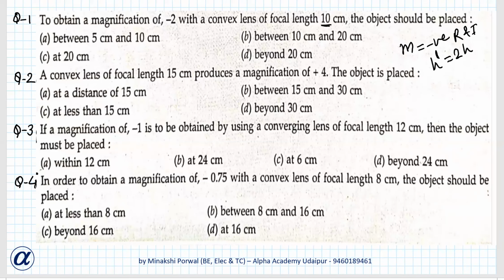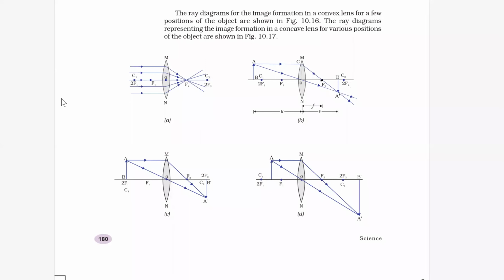Then the next option is between 10 and 20 centimeter. When the object is placed between 10 and 20 centimeter, that means the object is placed between F1 and 2F1.